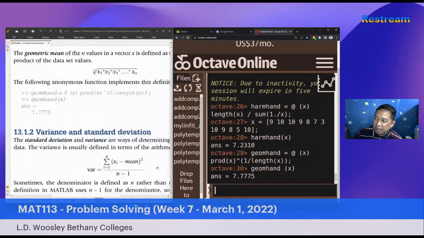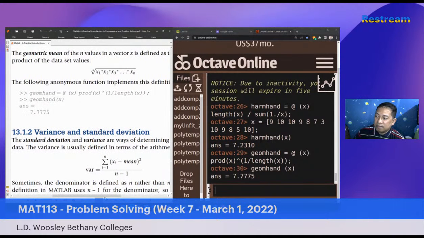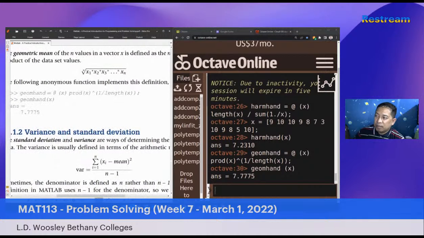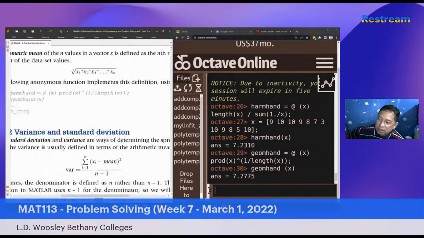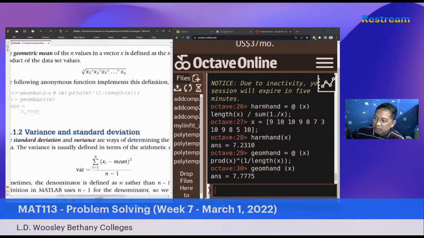Another is what we call variance. As we define, standard deviation or variance are measures of variance or spread, usually defined in terms of arithmetic means. And of course, the standard deviation is the square root of that variance.